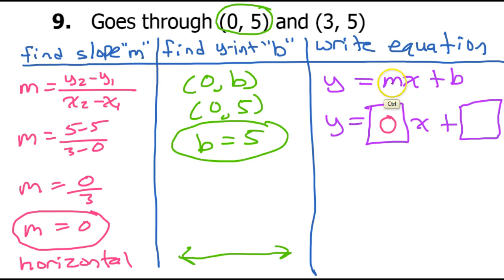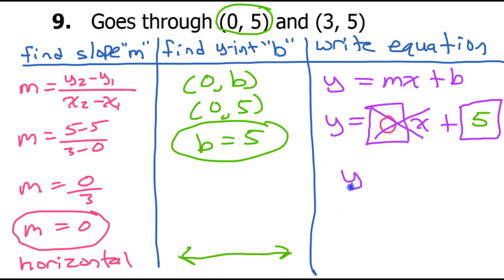It's a little bit strange, but I could put 0 in for m. The y-intercept is 5, so I could put this 5 in for b. All right, now, this is a little bit interesting because 0 times x is just 0. So this term is really just going to go away because of the 0.